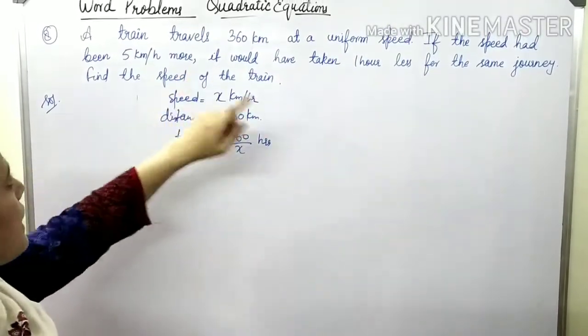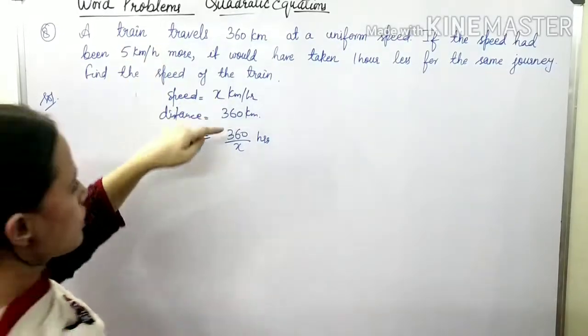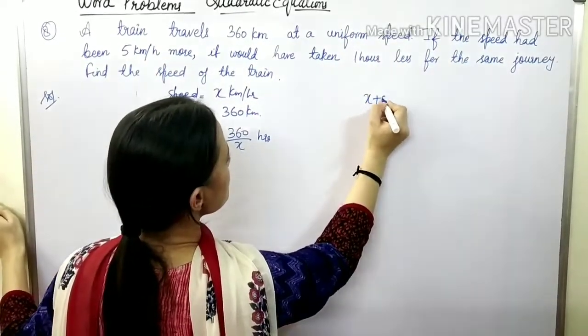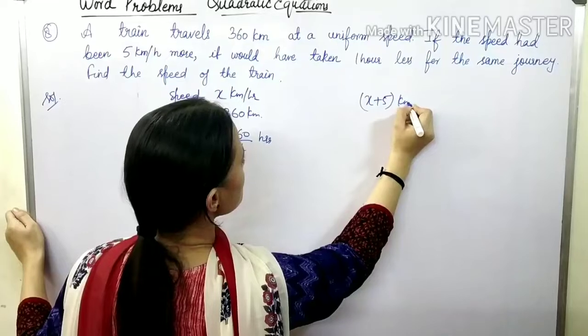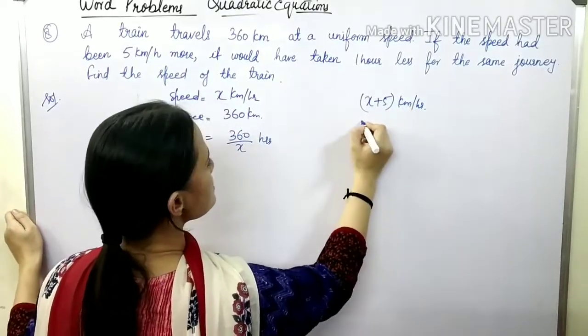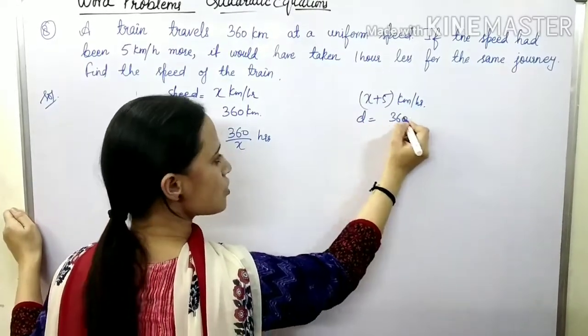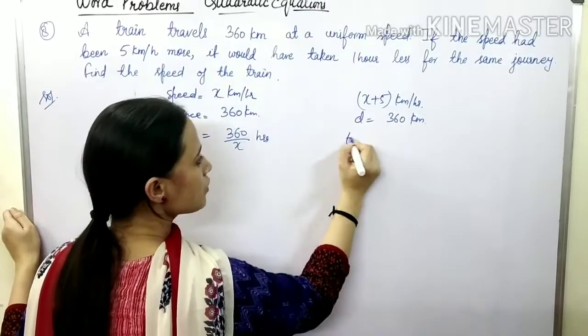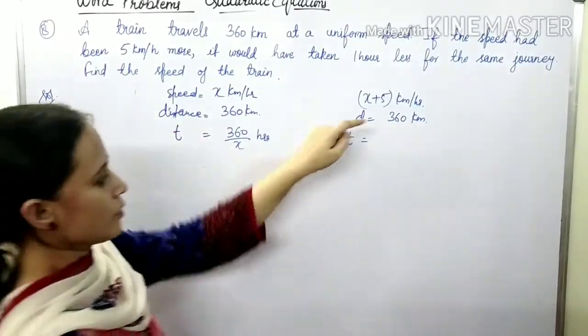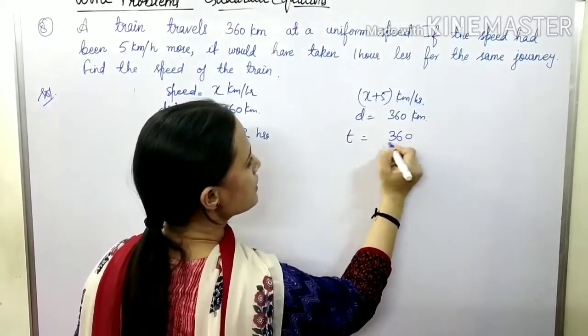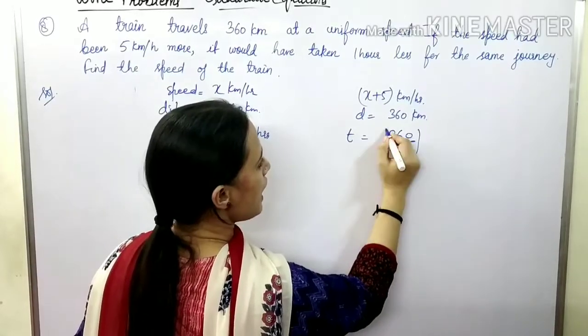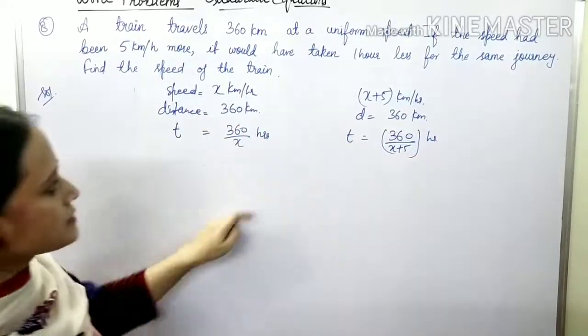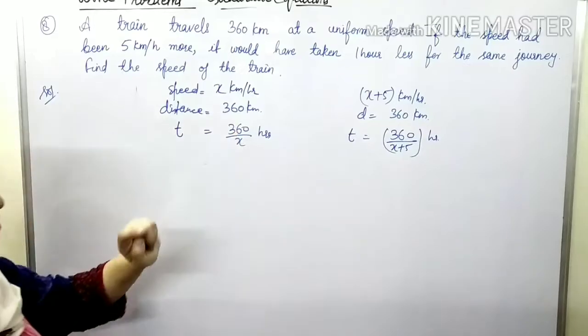Now if the speed had been 5 km per hour more, so now the speed has increased by 5 km per hour and the distance remains the same, that is 360 km. So now the time taken will be 360 upon x plus 5, and they have given that this is 1 hour less than the original time.